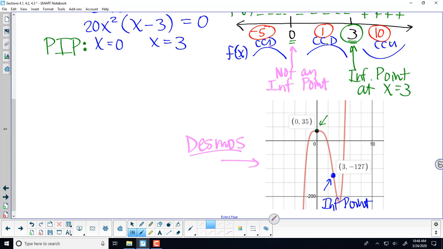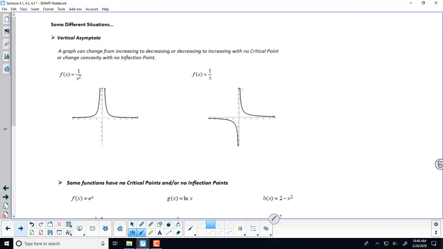All right. Here are some situations that we will come upon talking about critical points and inflection points. All right? Vertical asymptotes. We can have a graph change from increasing to decreasing or decreasing to increasing at a vertical asymptote.